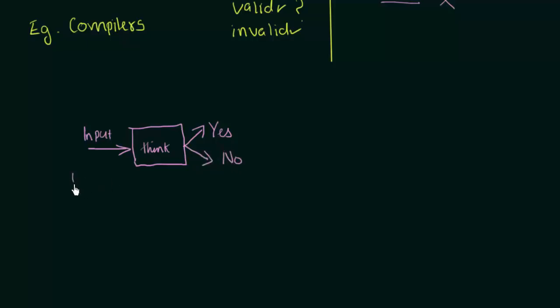We are going to design machines which take certain kinds of inputs, and based on some rules, either accept or reject the input. This is what we will be doing.